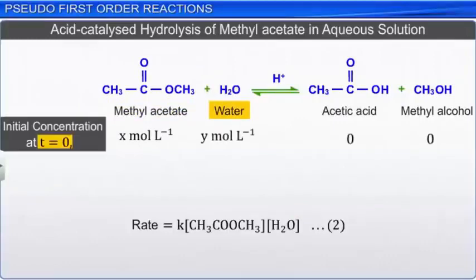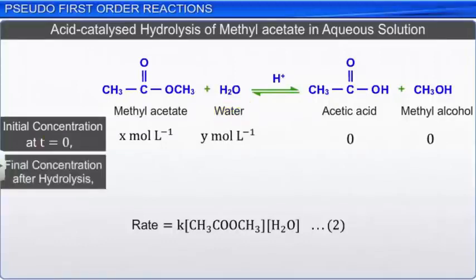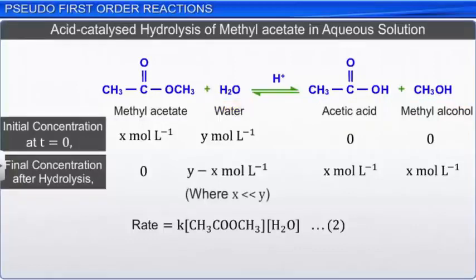After hydrolysis, let the concentration of both acetic acid and methyl alcohol be X moles per liter each, while that of water be Y minus X moles per liter, where X is very, very small as compared to Y. You can see from the data that the concentration of water is not altered much during the course of the reaction.